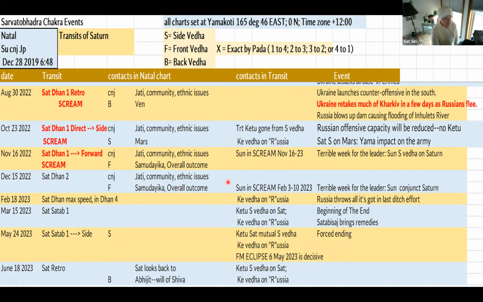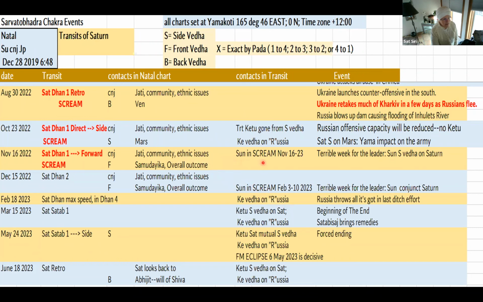So anyway, I won't go into speculation about all what it will mean, but we see on November 16th, Saturn's Veda will turn from a side Veda to a forward Veda, which hits the overall outcome, Samyudayaka Nakshatra, over in, I think it's Aslesha.